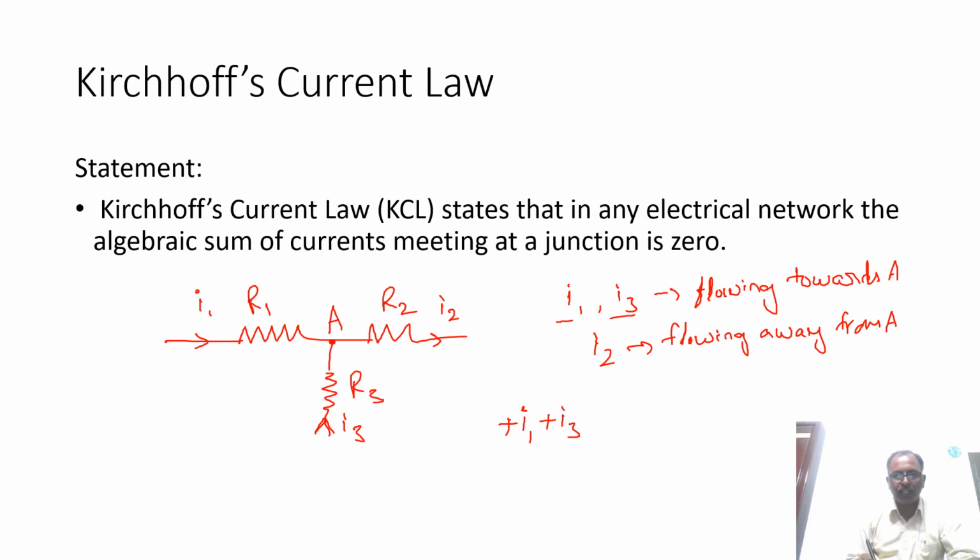The currents which are moving away from node A can be taken as negative, so it is minus I2.